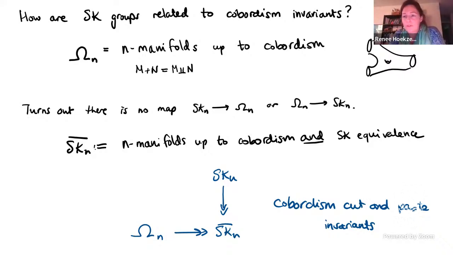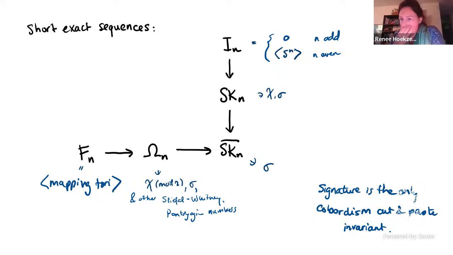But I can take the common quotient, which is SK-bar_n, n-dimensional manifolds up to cobordism and SK equivalence. And I call this cobordism cut-and-paste invariants. And I can ask what the two kernels are of the canonical projection maps. The kernels are as follows. Of course, spheres are 0 in cobordism, but they have a non-zero Euler characteristic in even dimensions, so they're non-zero in SK.